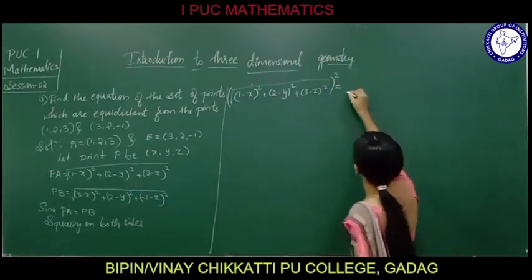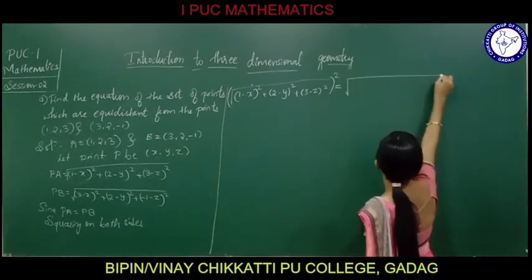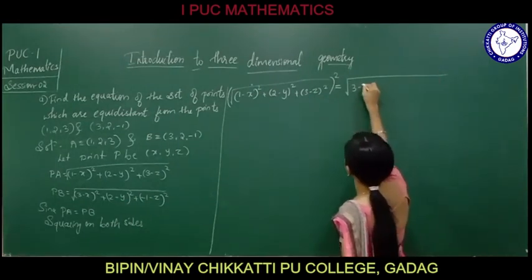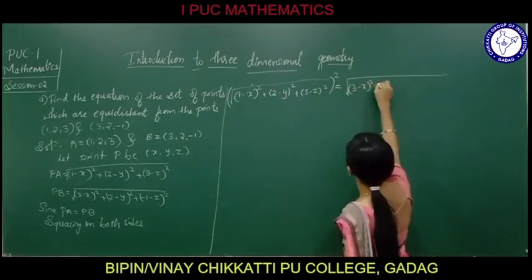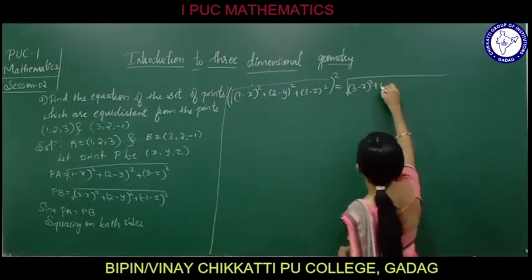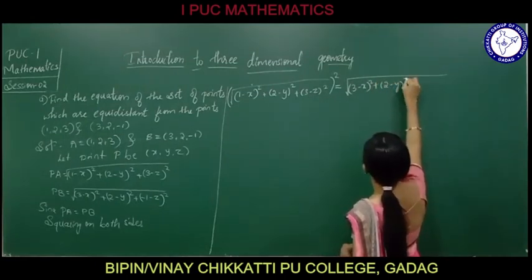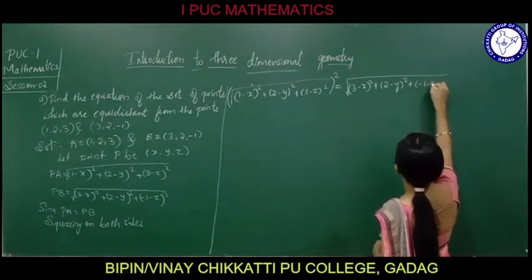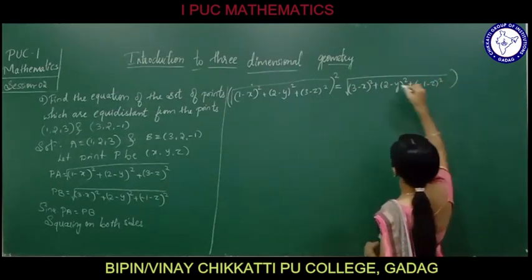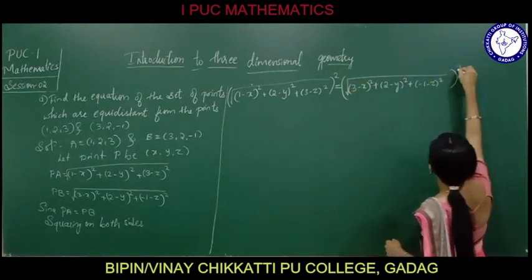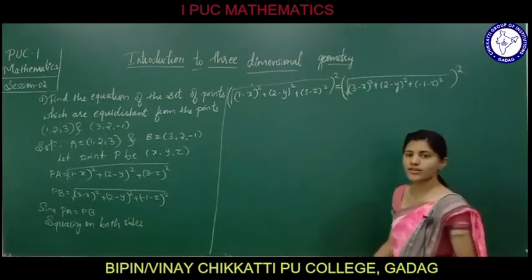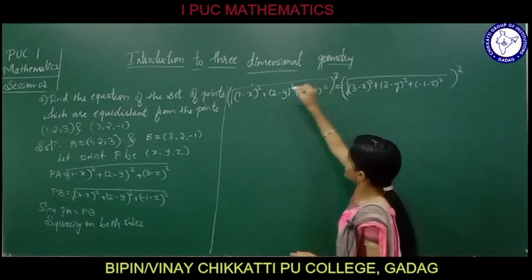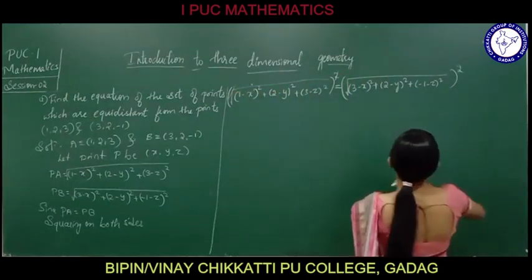That is the root of 3 minus x whole square plus 2 minus y whole square plus minus 1 minus z whole square, all squared. Now the square and root are going to get cancelled.